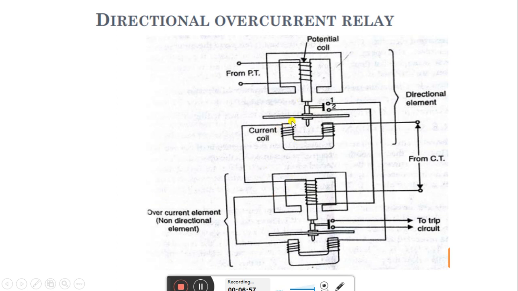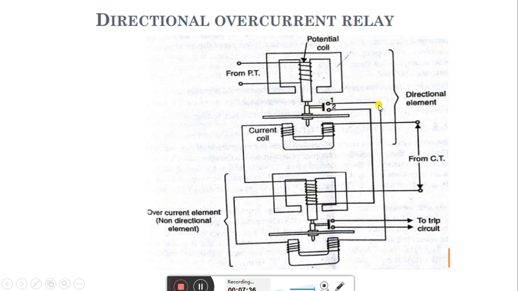So as soon as we supply a voltage from the potential transformer to this E-shaped coil, and already we have supplied a current from CTs to this lower U-shaped magnet, this directional element will start operating, and once the directional element starts operating, this disc rotates. So these contacts will be bridged by this rotating disc, and as soon as this contact is bridged, it means the contacts will be closed.